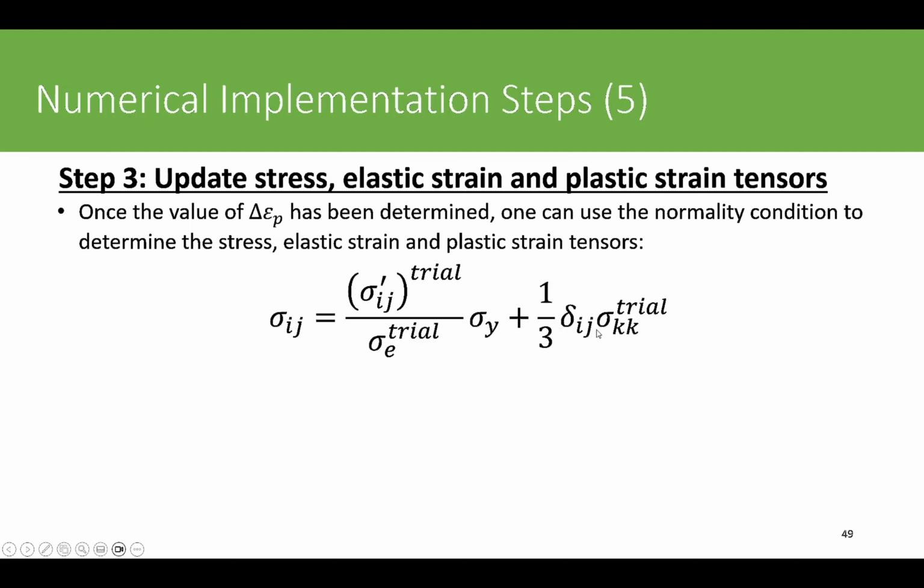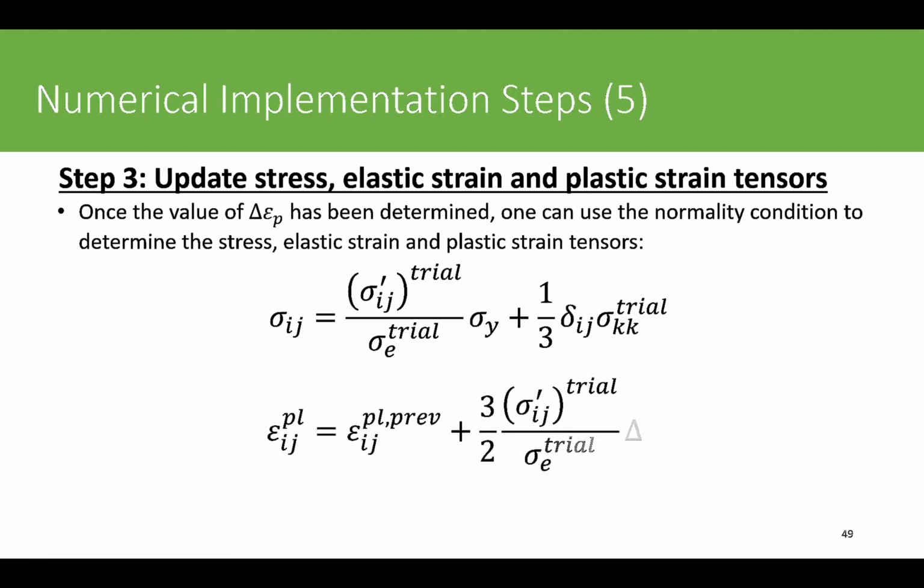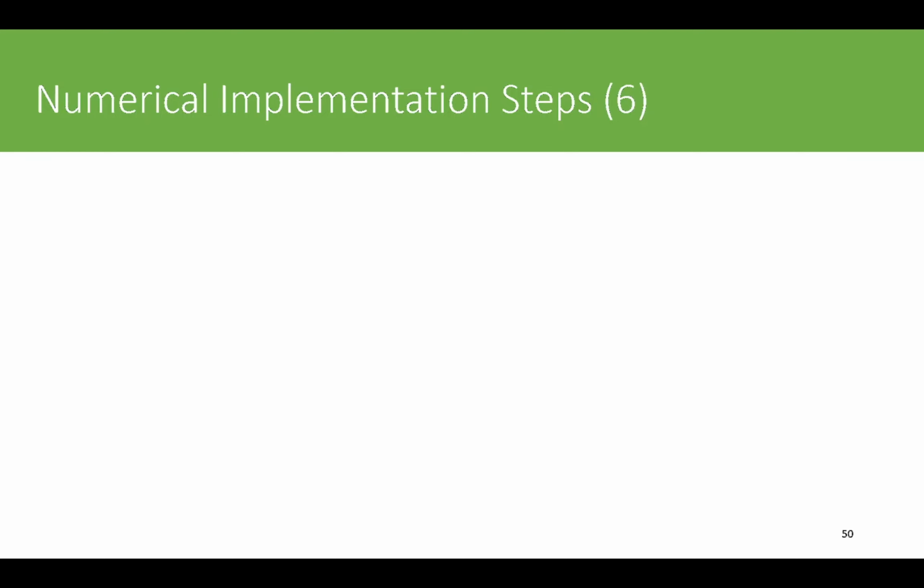Okay, and this is just a typical definition based on the trial stress. We are finding the updated values of the stresses. We can also find out the elastic strains and also the plastic strain tensor, which is again given here based on the Newton method, which I explained before. So this way you have updated the stresses and also the elastic and plastic strain tensors.